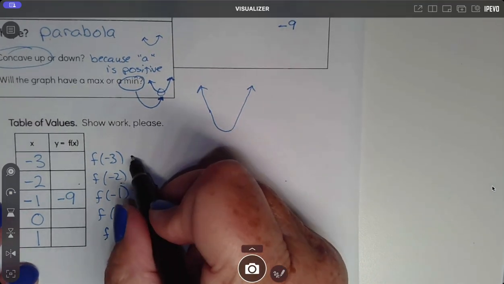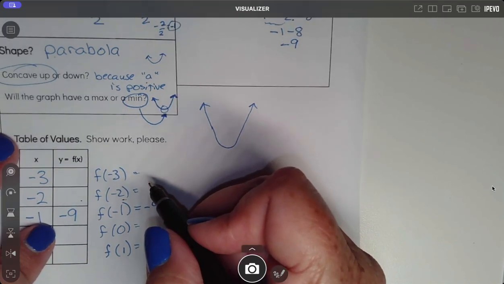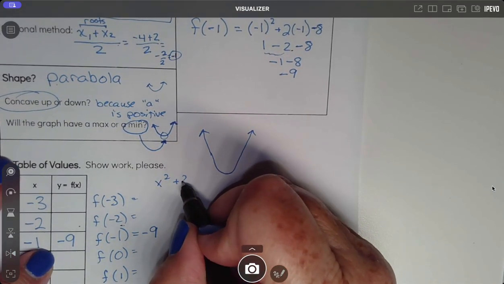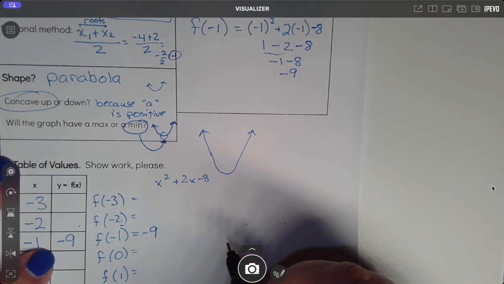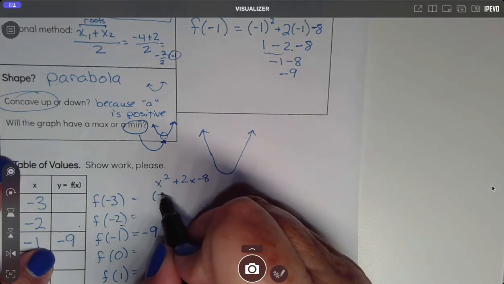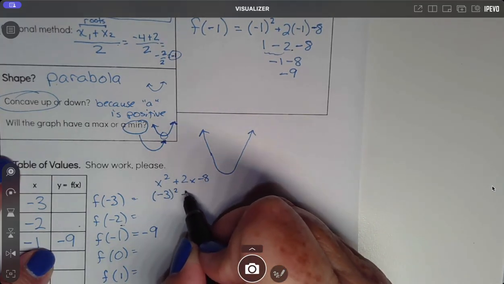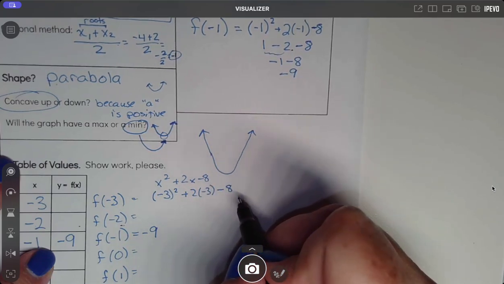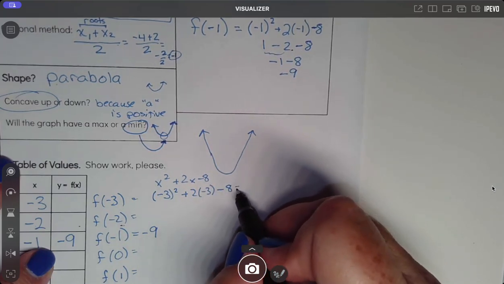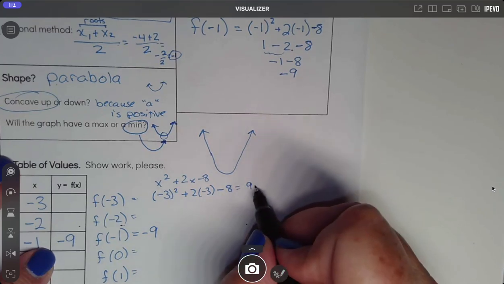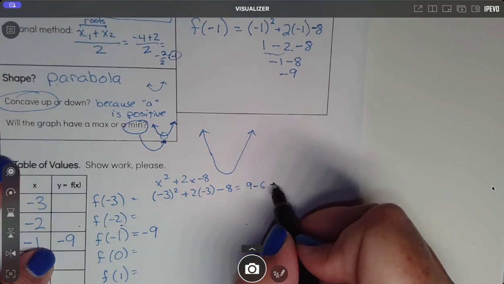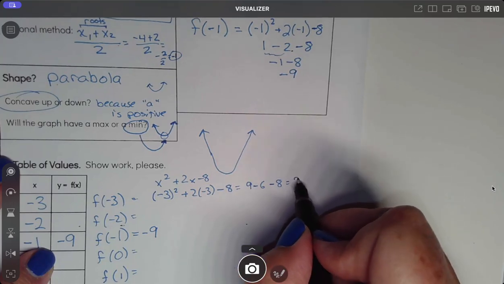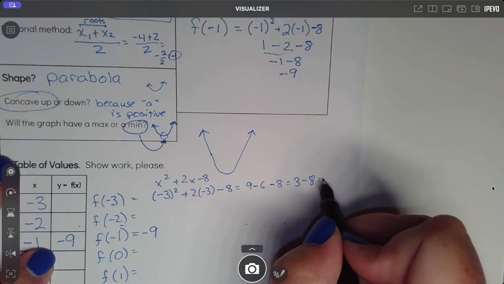To find those, we substitute into our equation. Remember, our original equation was x squared plus 2x minus 8. So for -3, it'll be -3 squared plus 2 times -3 minus 8. That's going to be positive 9, minus 6, minus 8. 9 minus 6 is 3, 3 minus 8 is -5.